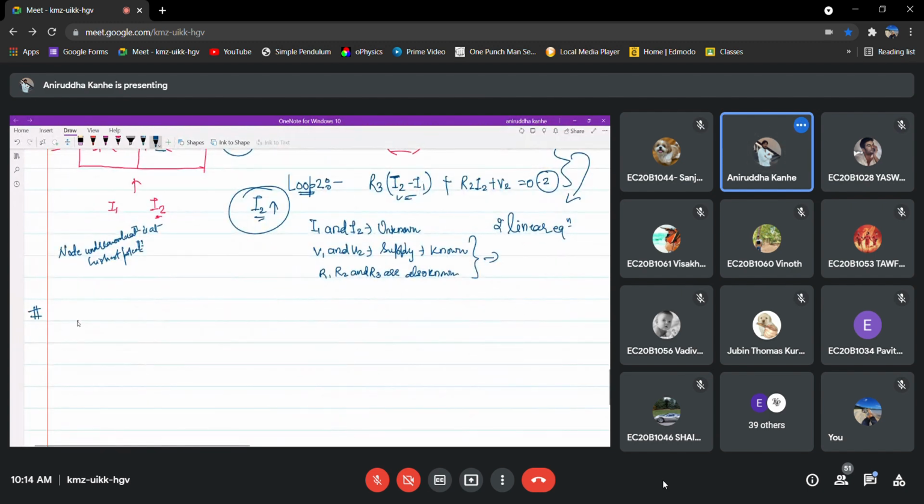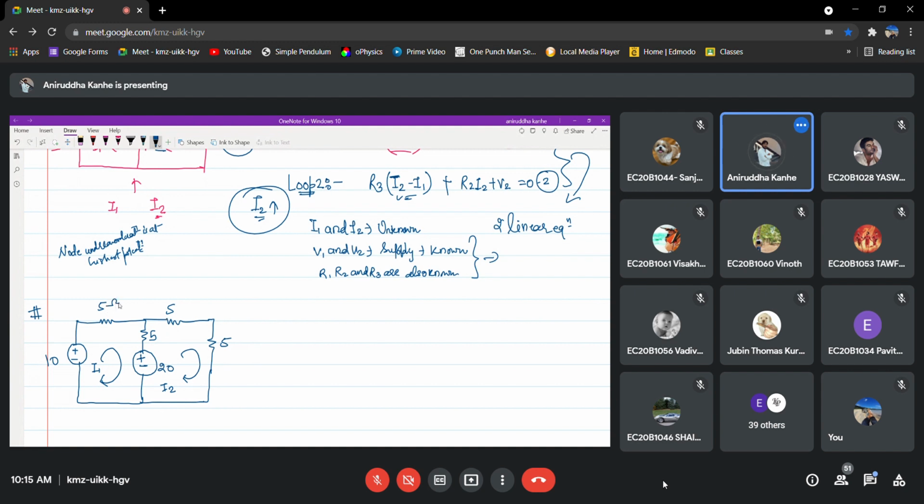Let us do one more example. Let us consider this is the I1 current direction and that's the I2 current direction, or the loop direction, or the loop current direction, whatever.